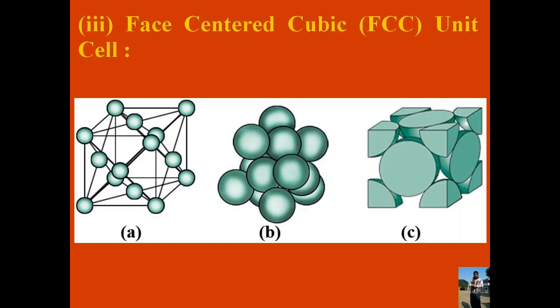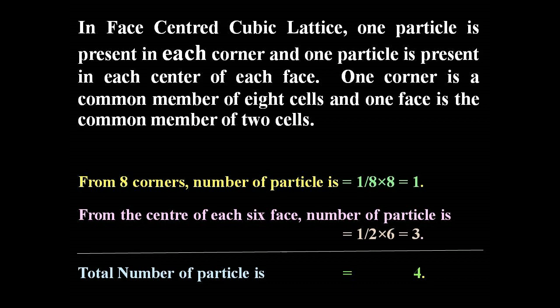Thirdly, the face-centered cubic cell or FCC. In the picture, A is called open structure, B is called space filling structure and C is the actual positions of particles in the unit cell. In the FCC lattice, one particle is present in each corner and one particle is present in the center of each face.